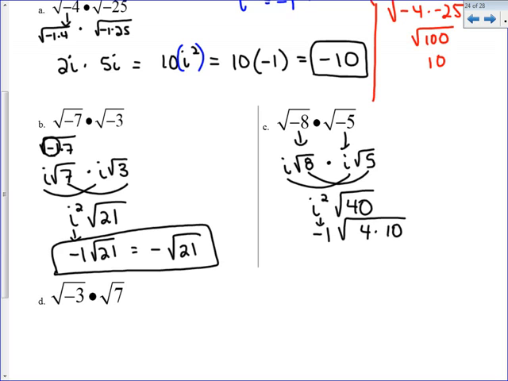What number is going to come out front from that? 2. You've got to take the square root of 4. So, oh, sorry. The 4 is going to come out front as 2. I get what you're saying. And what's going to happen with that -1 and that 2 that are both out front now? Multiply them. So our answer is going to be -2 times the square root of 10.